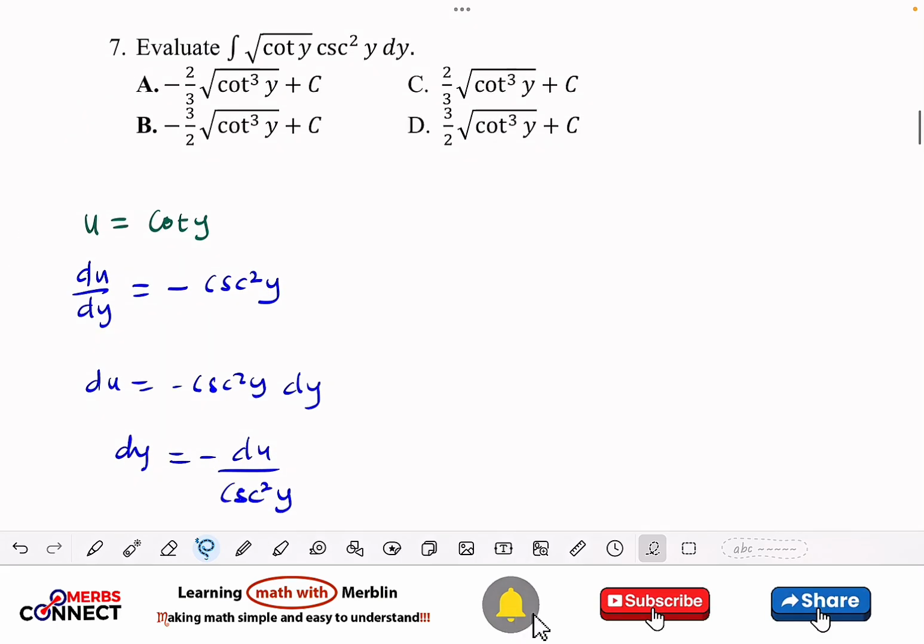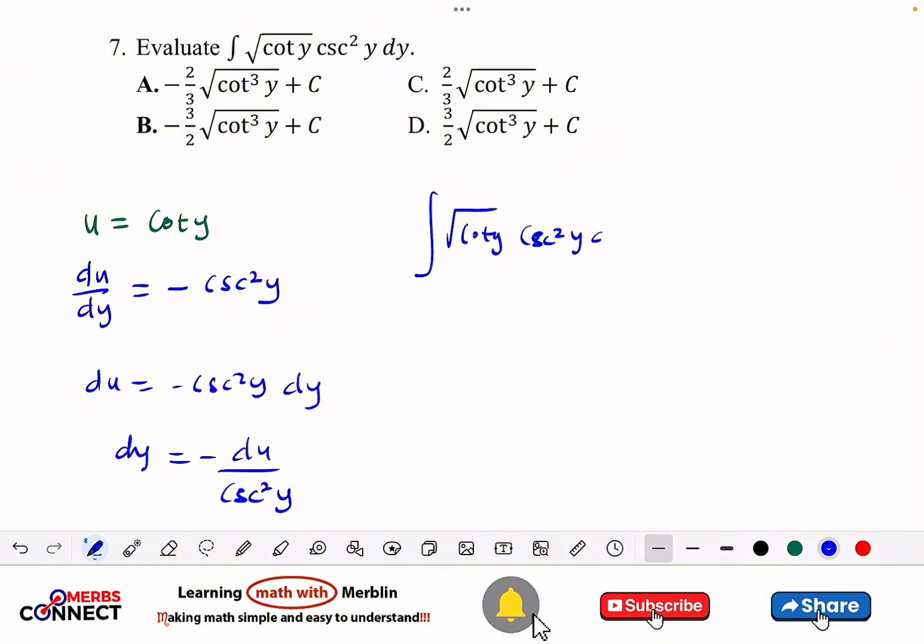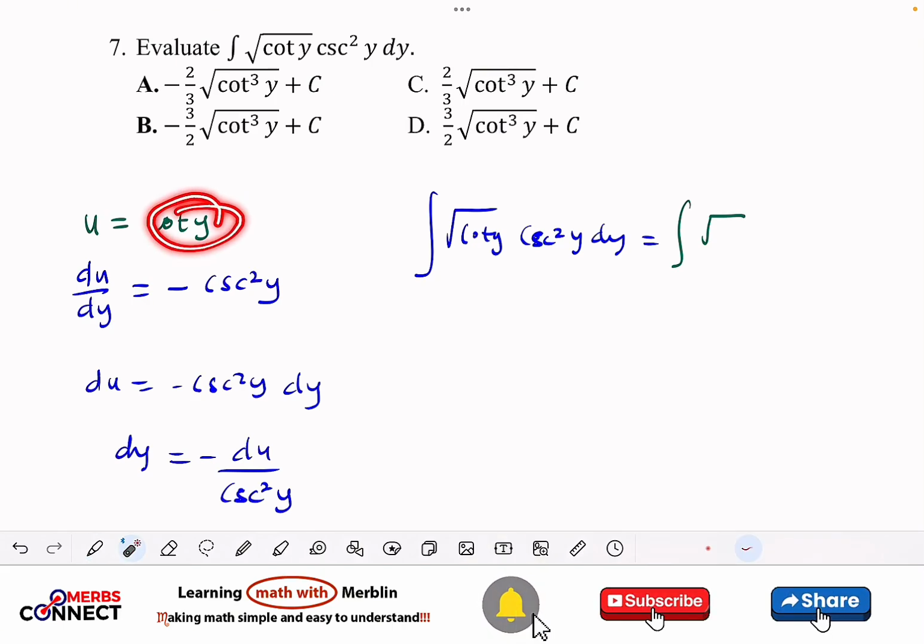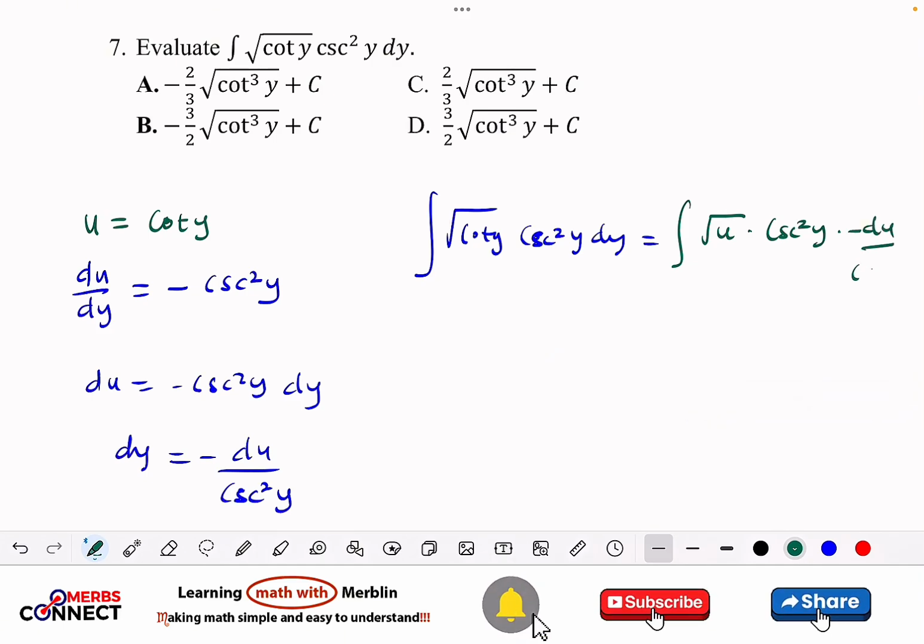So now let's do substitution and see what we are going to get from here. We are going to have the integral of square root of cotangent of y times cosecant squared of y dy. Now cotangent of y is equal to u. So I'm going to have square root of u times cosecant squared y times, now dy is the same as minus du divided by cosecant squared y, so that this will cancel this.